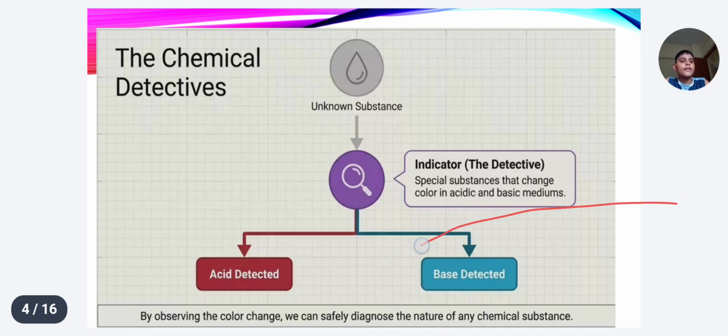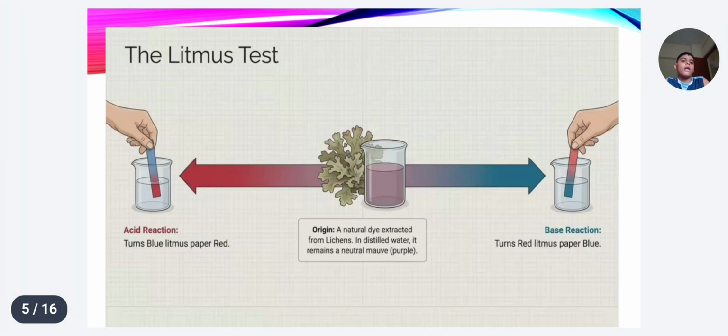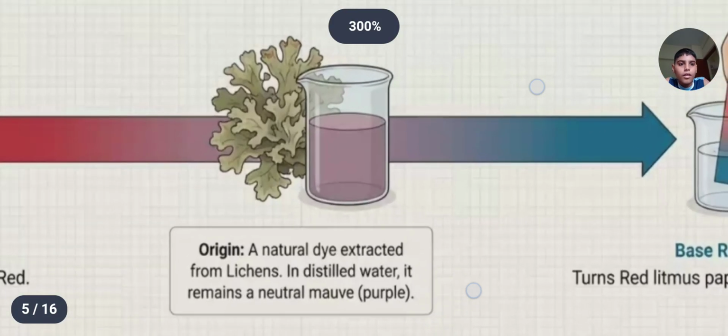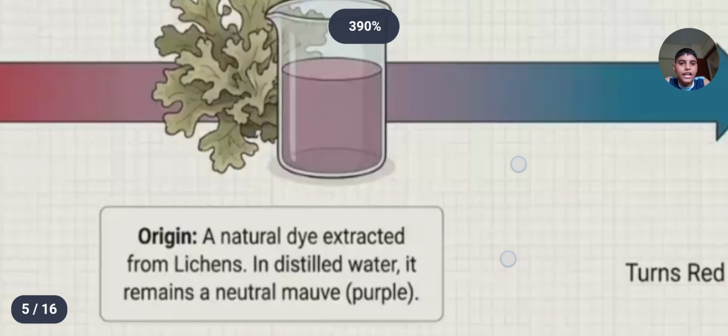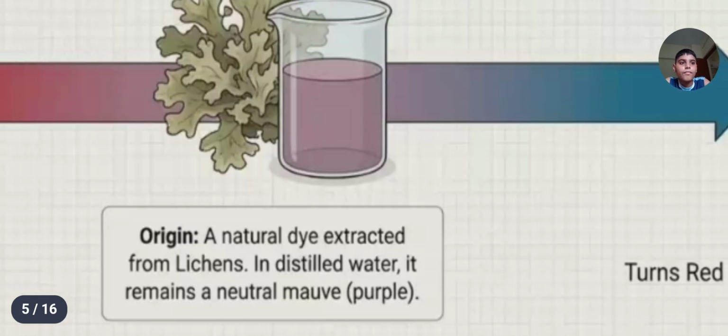Now moving on to the next. First one is litmus test. Its origin: it is a natural dye extracted from lichens.